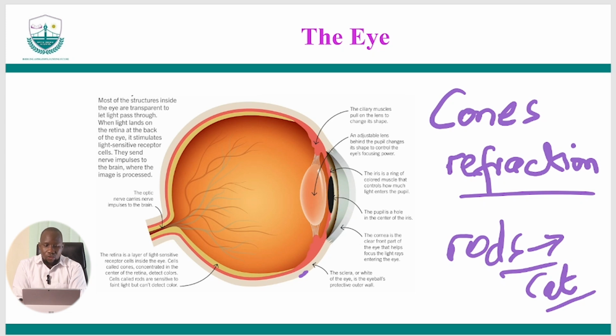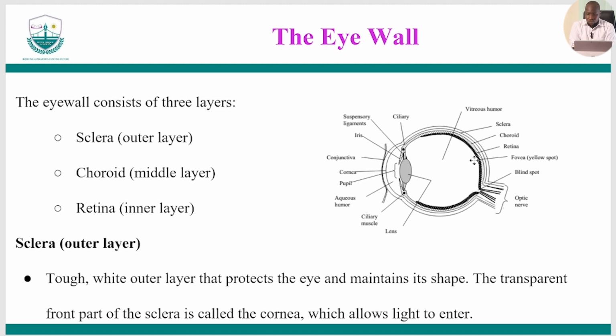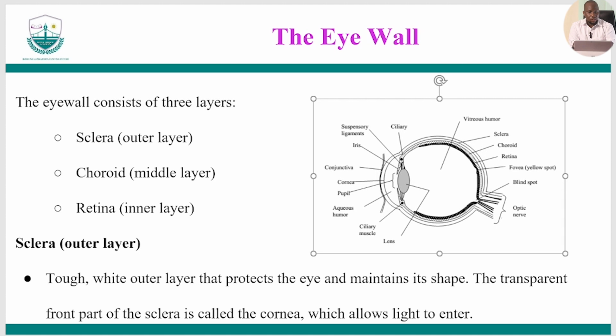And then we have another point that we need to talk about that is not well illustrated here. We can check the second image here. Still related to the retina, we have a point called the fovea. It's a yellow spot.